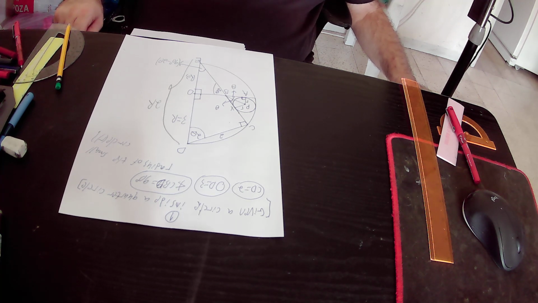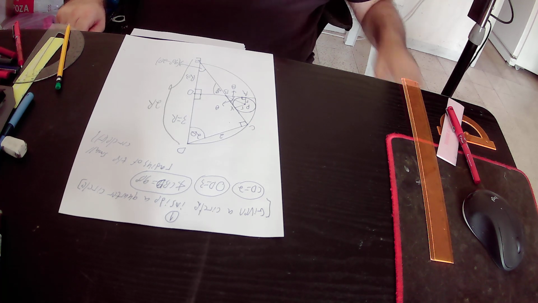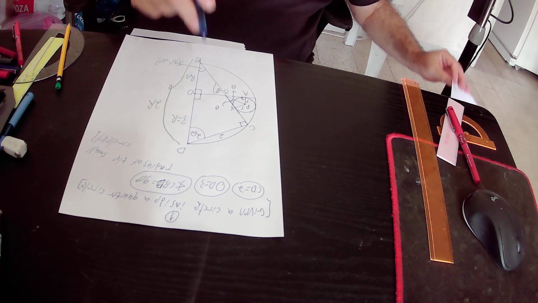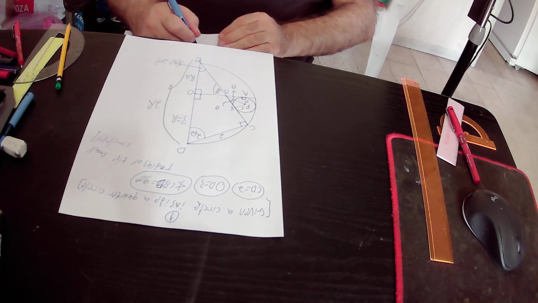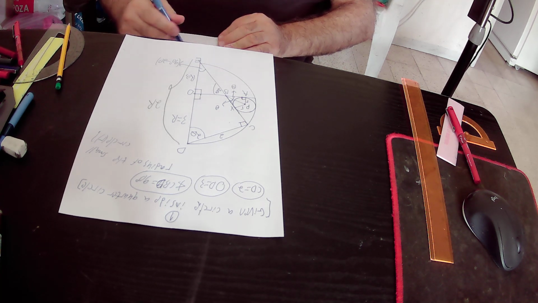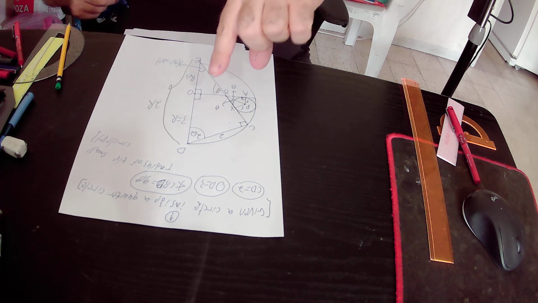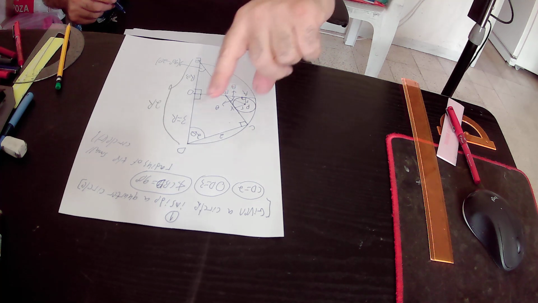And again, in the right triangle CDE, tangent 2 theta equals CE over CD.